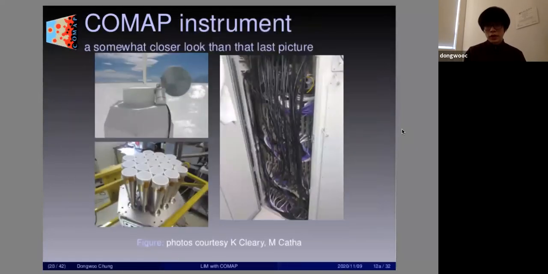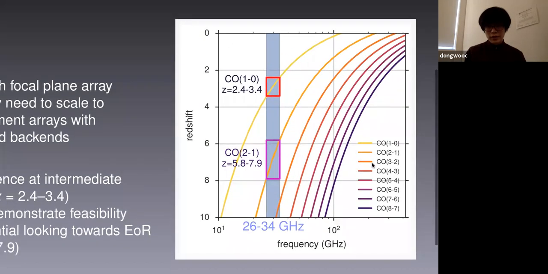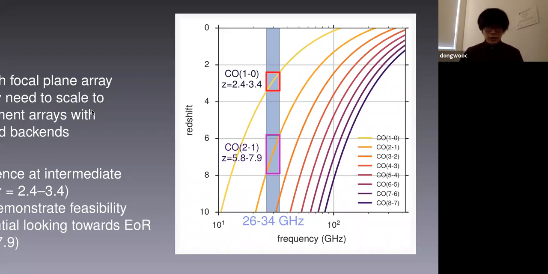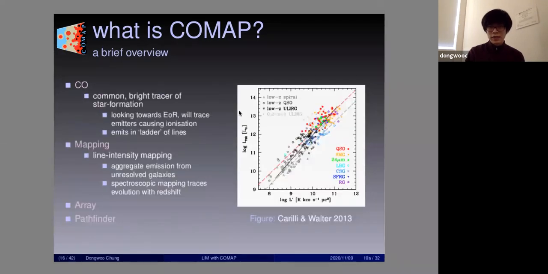So you're talking about basically a scenario like this, right? In our 30 gigahertz band, we have CO 1-0 at redshift 3-ish. You have CO 2-1 at redshift 7-ish. You technically have CO 3-2 at redshift 10-ish, 11-ish. But in terms of how much CO we expect there to be, we don't expect much.